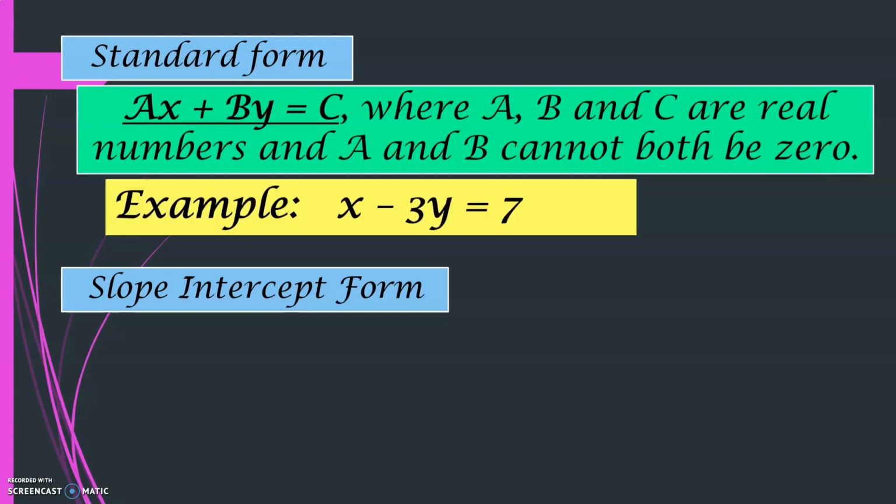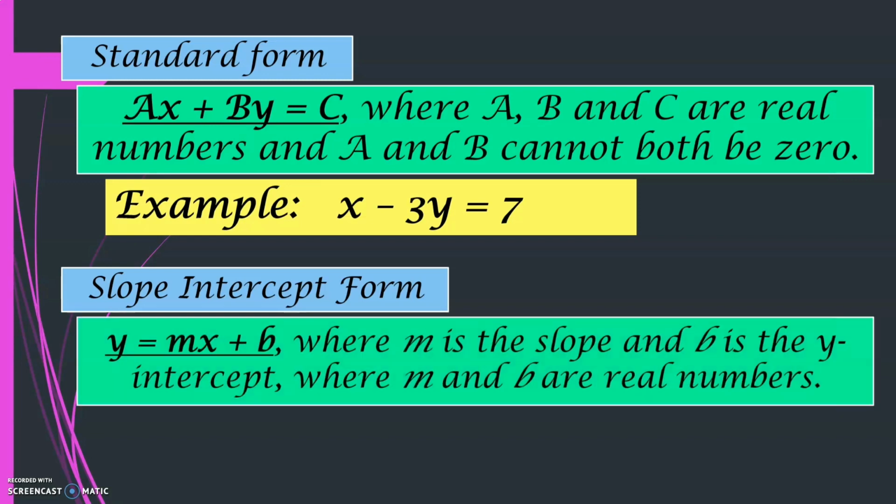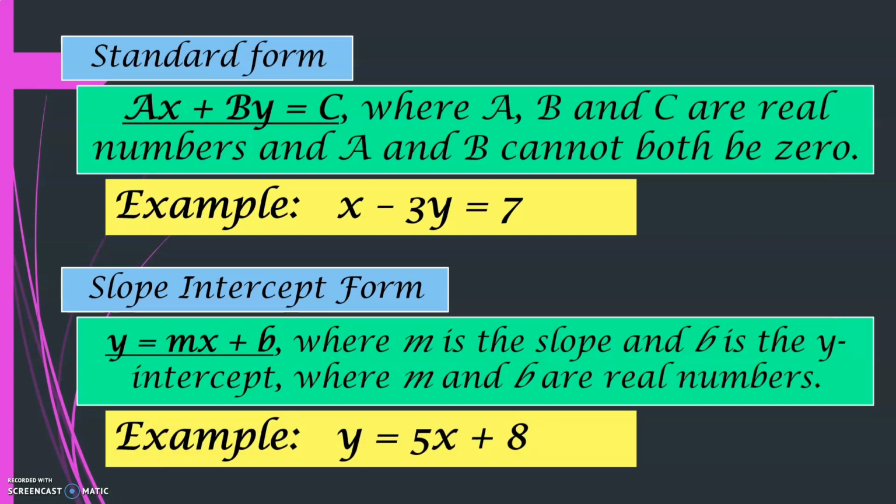For example, x minus 3y is equal to 7. Slope-intercept form follows the form y is equal to mx plus b, where m is the slope and b is the y-intercept, where m and b are real numbers. For example, y is equal to 5x plus 8.